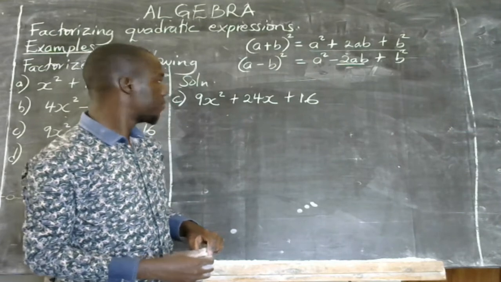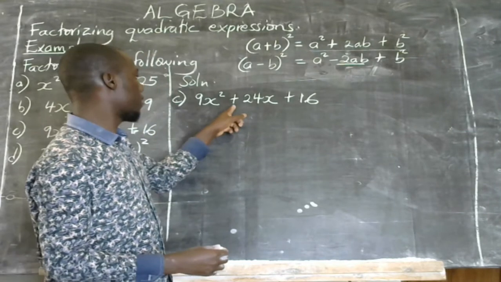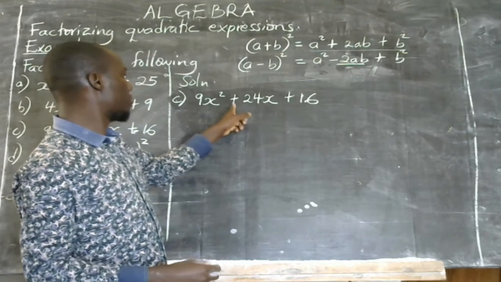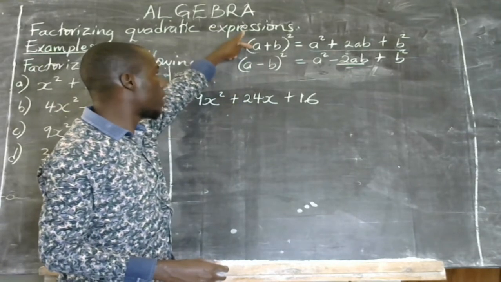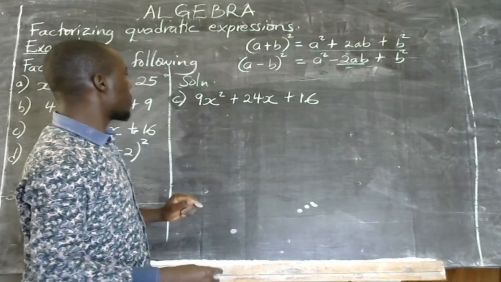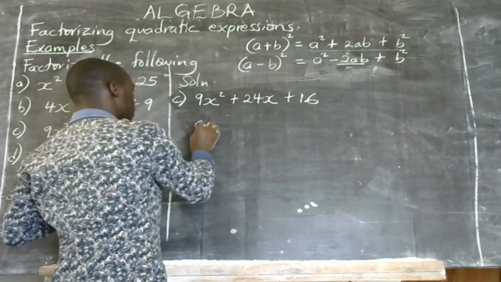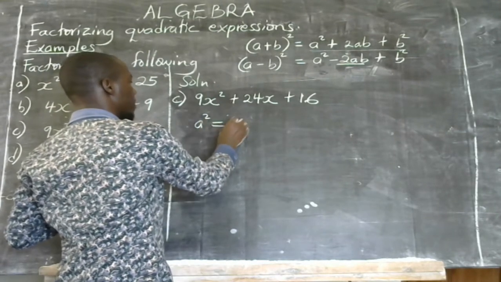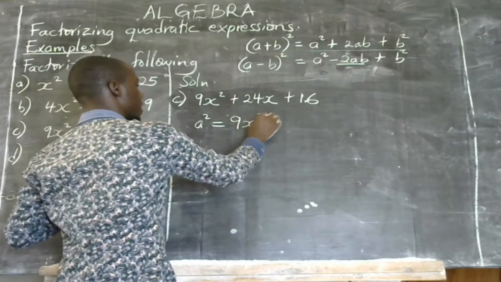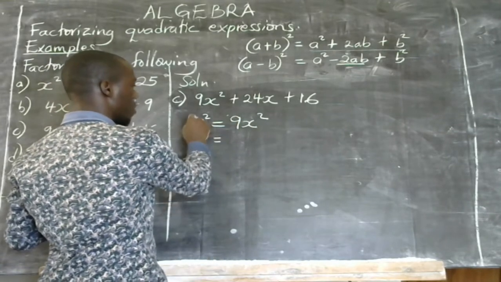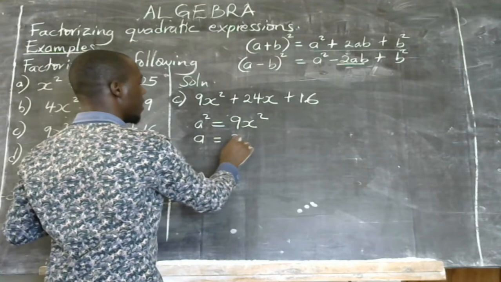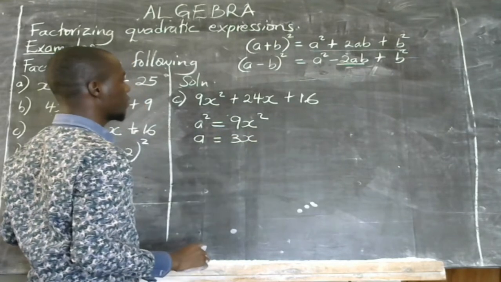Part C, this part here is positive, so I use the identity up there. My A squared is the same as 9x squared, so that means that when I take the square root both sides, my A is 3x.